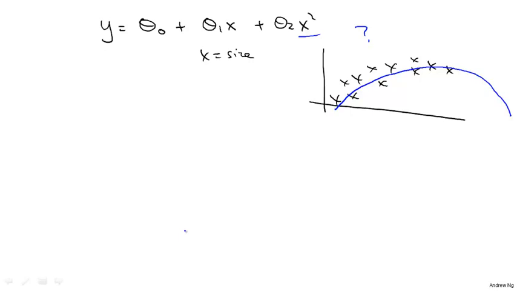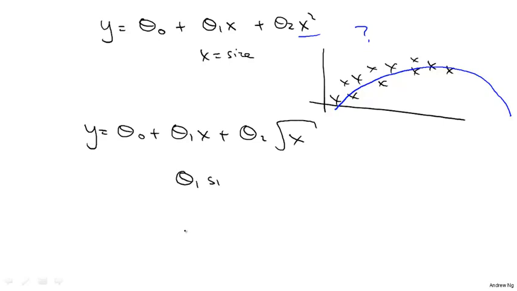And if you look at this data and you decide that this is better modeled with a square root function, theta 0 plus theta 1 times the size of the house plus theta 2 times the square root of the size of the house. Then again, there's nothing that stops you from choosing this type of model.